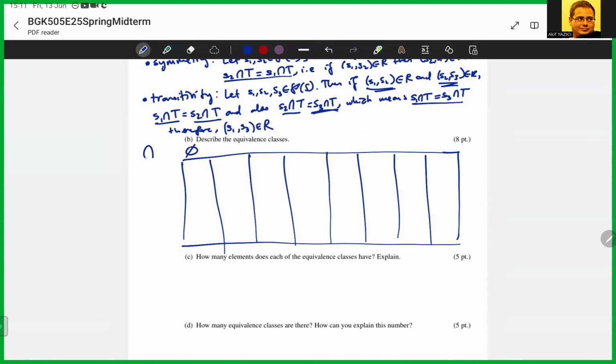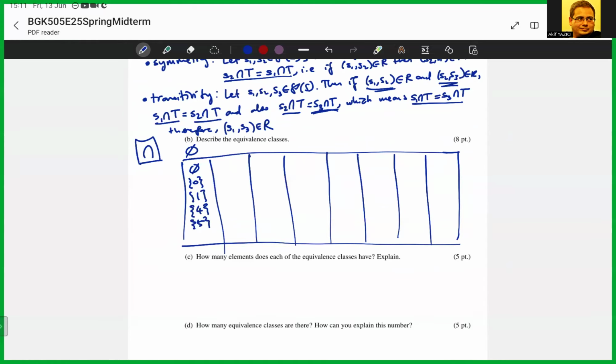So the intersection, if it is empty, then here you'll have like the empty set, 0, 1. You don't have 2. You don't have 3. You will have 4, 5, and so on. 6, and not 7, and 8, then 9.